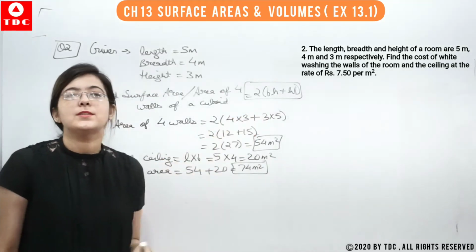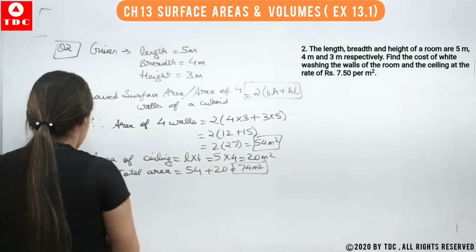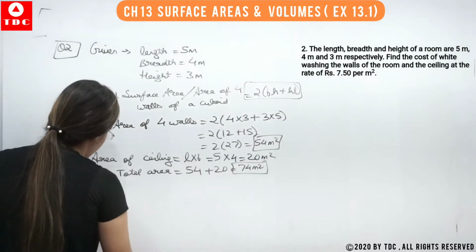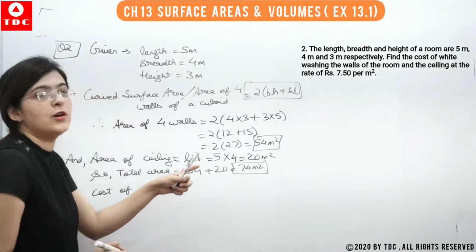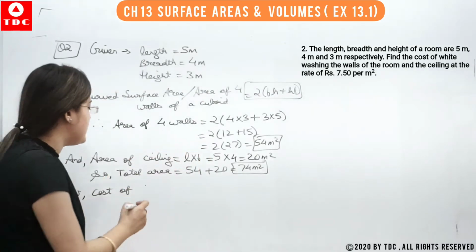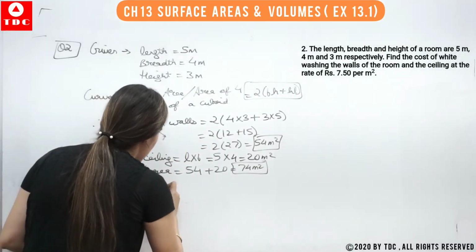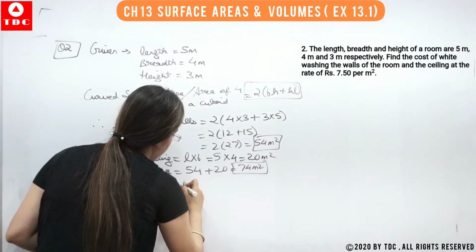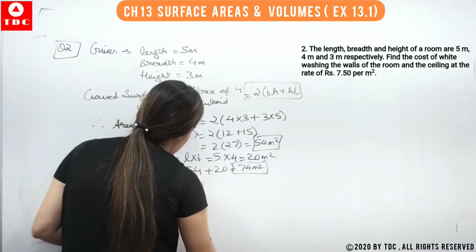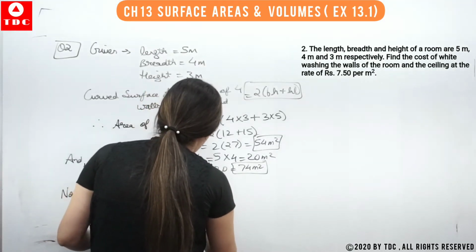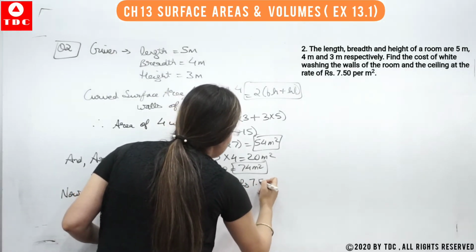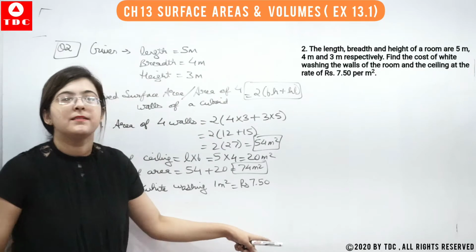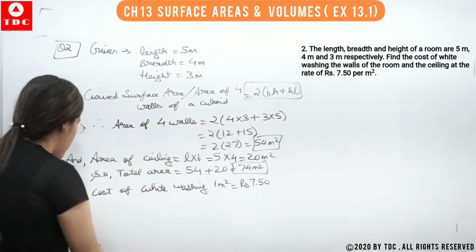Now what is the cost given for whitewashing? Cost of whitewashing 1 meter square is rupees 7.50. This is given in the question.